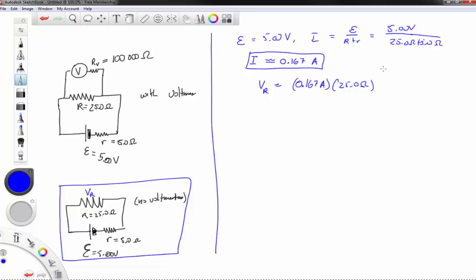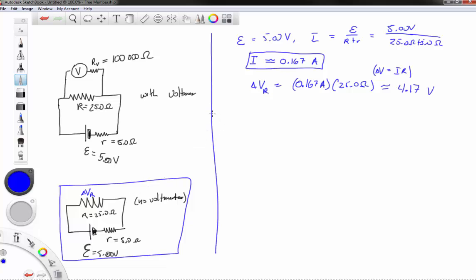In other words, we're using delta V equals I times R. So plug that into your calculator, and what do you get? You get a voltage drop of about 4.167, so we'll call this 4.17 volts.